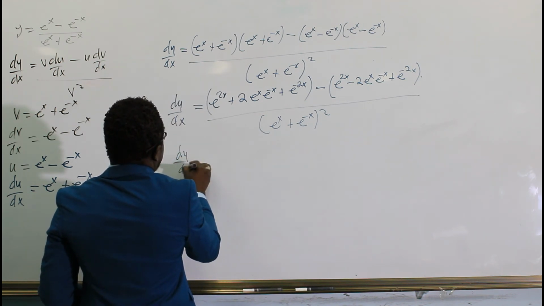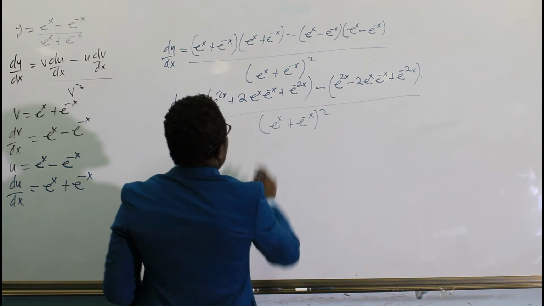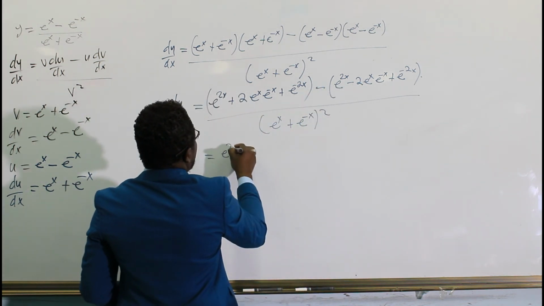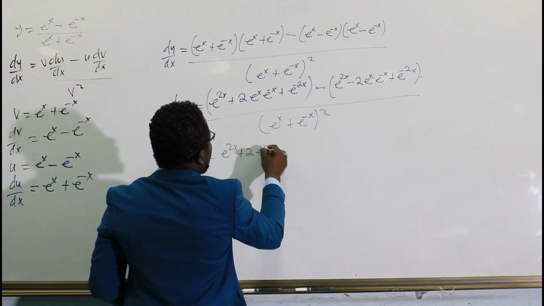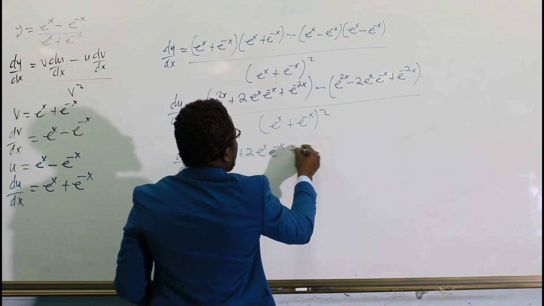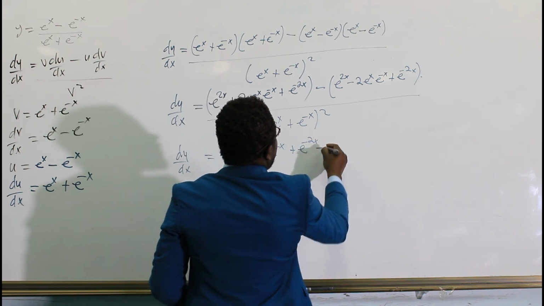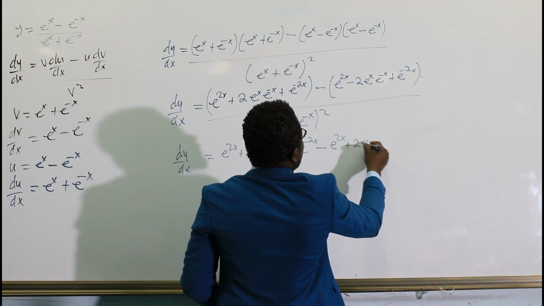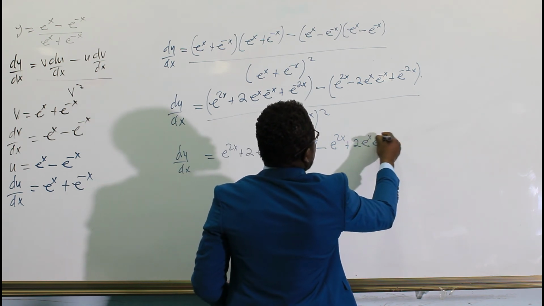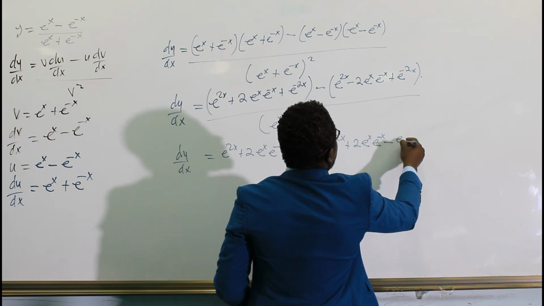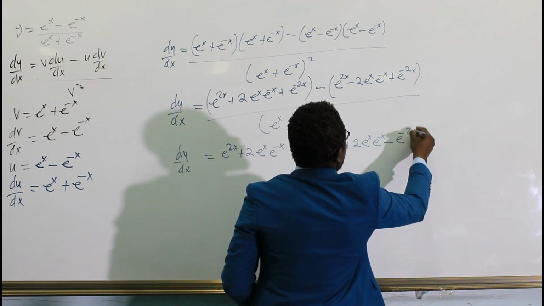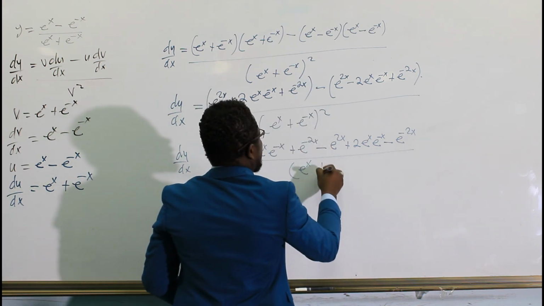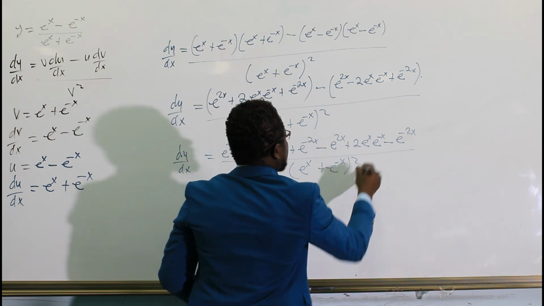So dy/dx is now going to be, opening the bracket there, e^(2x) plus 2e^x e^(-x) plus e^(-2x) minus e^(2x) plus 2e^x e^(-x) minus e^(-2x), and then all divided by (e^x plus e^(-x)) squared.